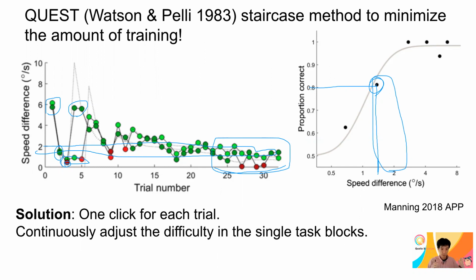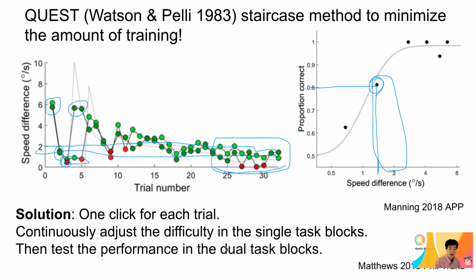So three blocks as one chunk, and then make sure that the training doesn't happen, or when the training effect happens and the subject improves, then we adjust the difficulty each block. And that allows us to measure the task performance in the dual task with minimum training effect.